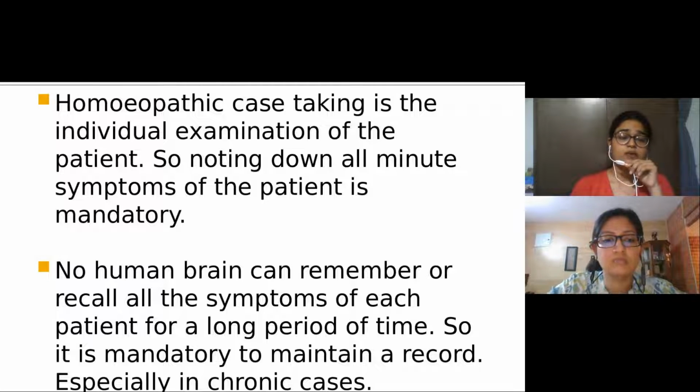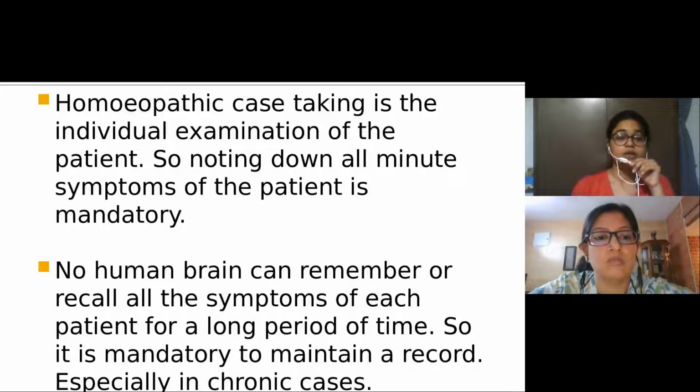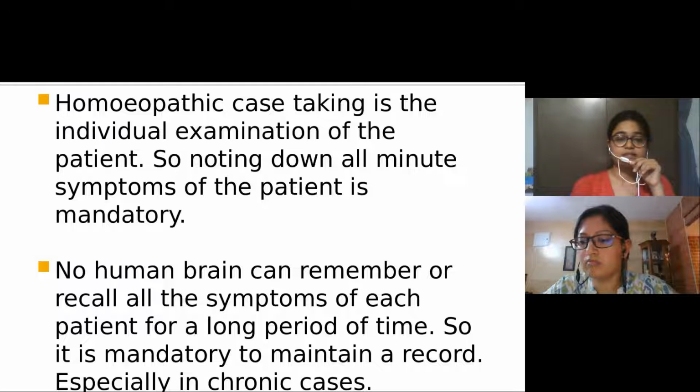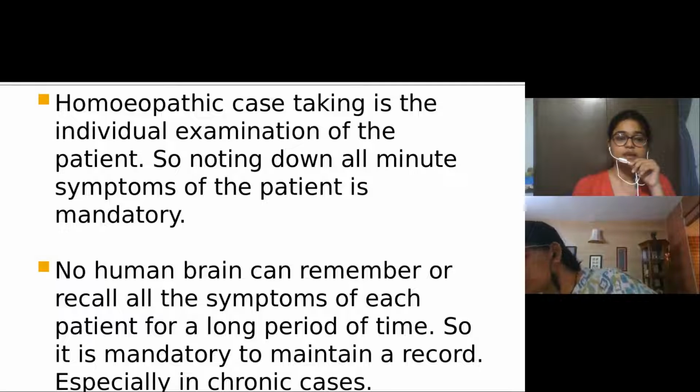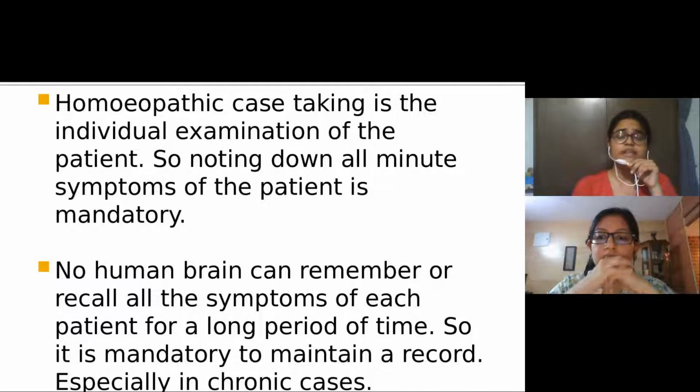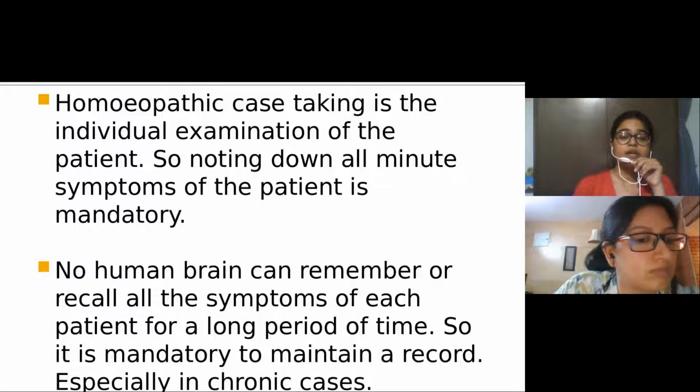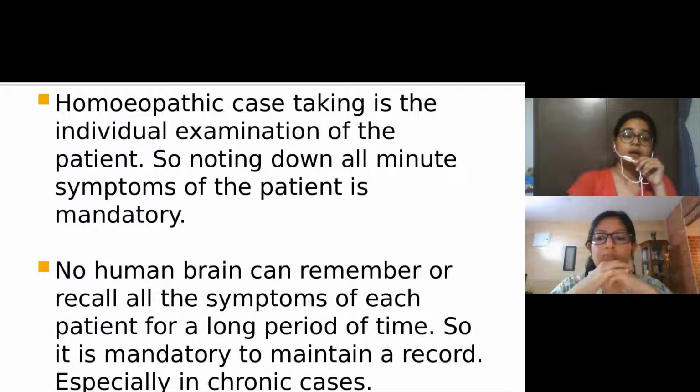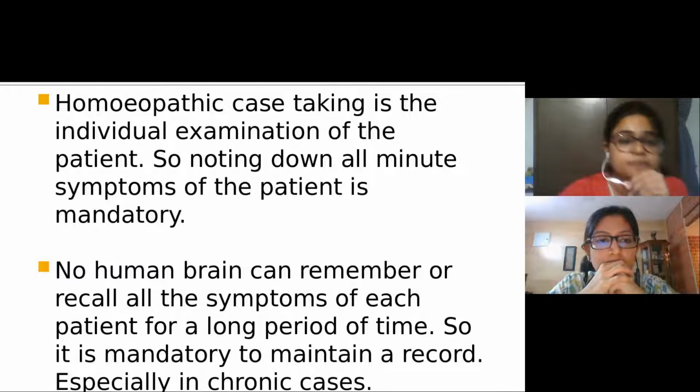And no human brain can remember or recall all the symptoms of each patient for a long period of time. So it is mandatory to maintain a record, especially in chronic cases, because those procedures lengthy and बहुत सारे symptoms इसमें आते हैं, so we cannot remember each symptom of each patient for a long period of time. So record keeping is mandatory, especially in chronic cases.